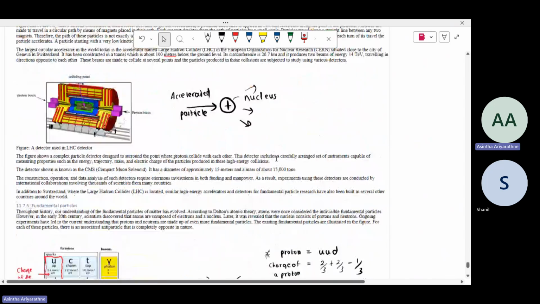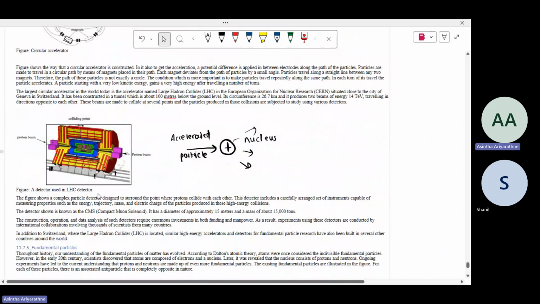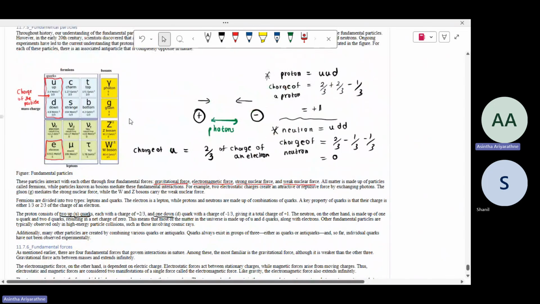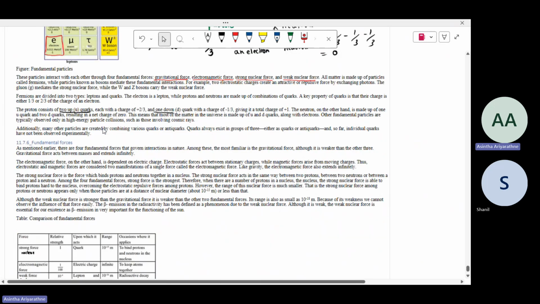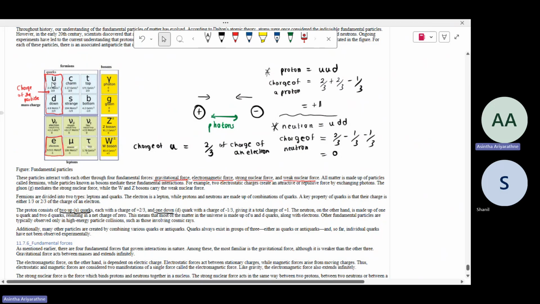When those fundamental particles are studied using a detector, scientists have categorized them. So there are 16 fundamental particles altogether here, although there are others as well. Most objects are made of a combination of up, down, and electron.